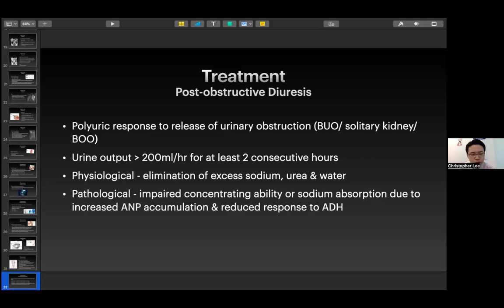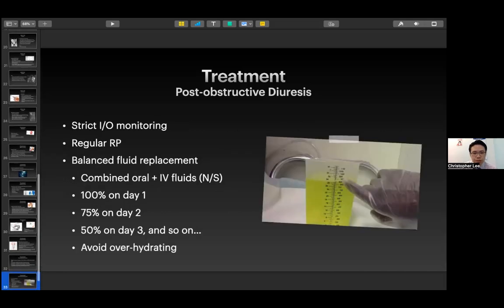Whereas for the pathological phase, there is an impaired concentrating ability or sodium absorption due to an increase in the atrial natriuretic peptide in the glomerulus, or the reduced response of the collecting ducts to antidiuretic hormone. So either way, you get very much increased urine output regardless of the amount of fluid intake. The result of this is a very large negative balance, which you need to treat.